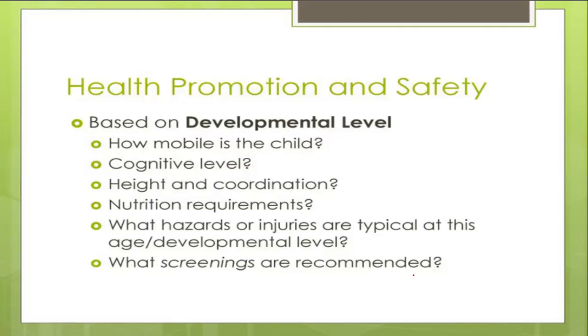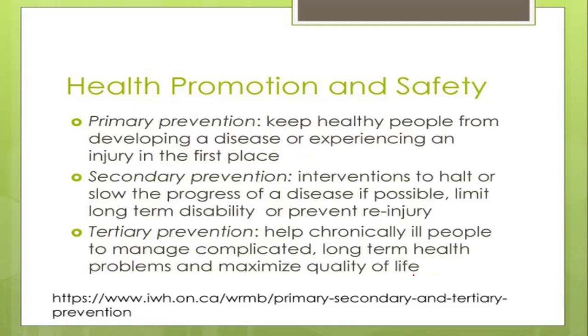And based on the development level: how mobile is the child, the cognitive level, height and coordination, nutrition requirements, what hazards or injuries are typical at this age, and what screens are recommended. Some primary preventions keep healthy people from developing a disease or experiencing an injury in the first place.